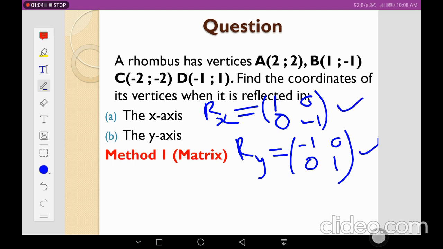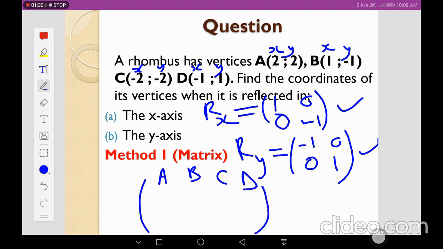Then for our rhombus, we can write its vertices in the form of a matrix, whereby we have x, y for each of A, B, C, and D. My column vectors are going to follow the x and y values.